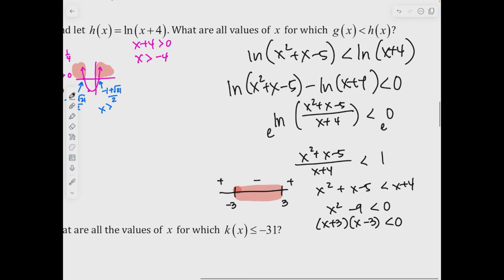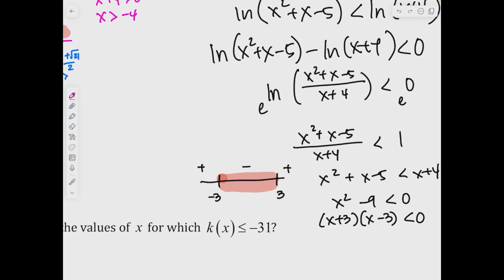So now it's just a matter of cutting the domain in. Okay, so what I have here is I need x to be greater than negative 4. So notice that all of my answers are already greater than negative 4.